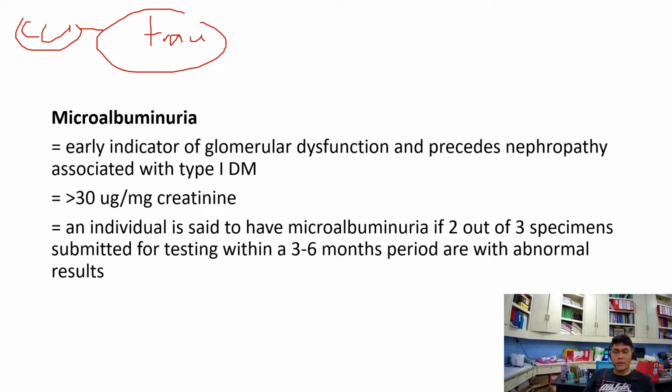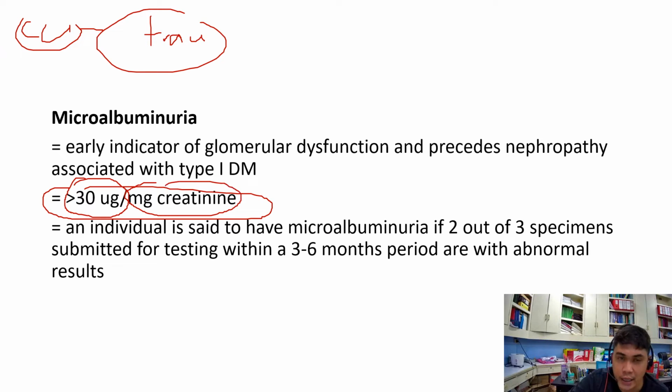And microalbuminuria is an early indicator of glomerular dysfunction, and it precedes nephropathy associated with type 1 DM. The usual result for microalbuminuria is greater than 30 microgram per milligram creatinine, meaning it's the ratio between albumin and creatinine.